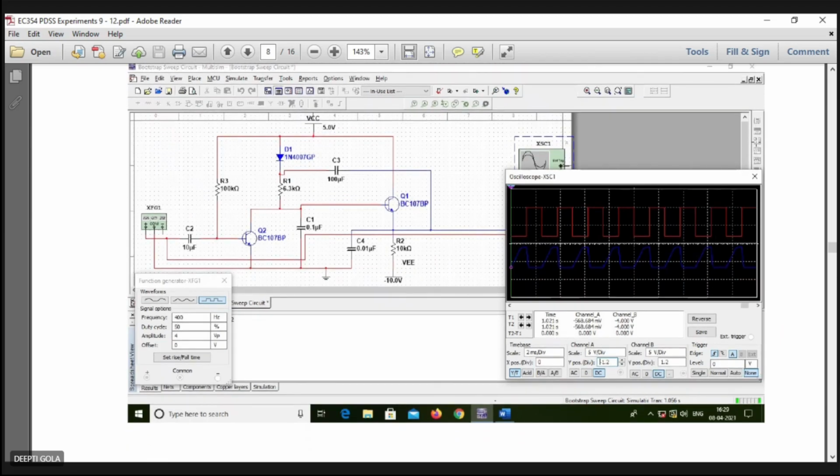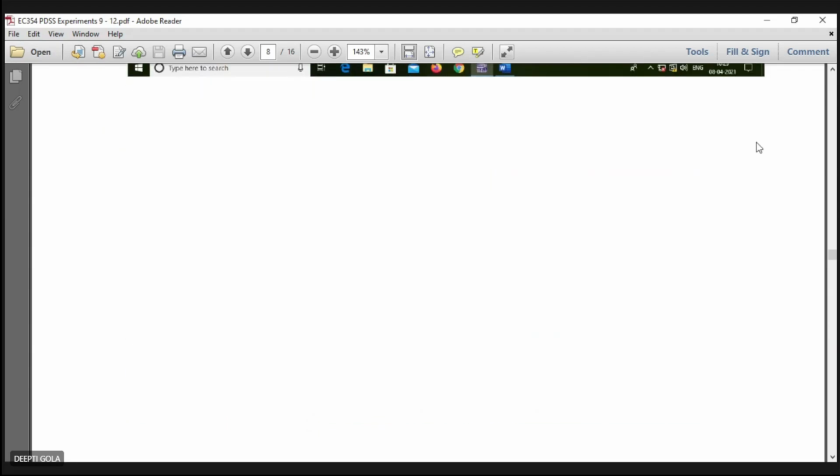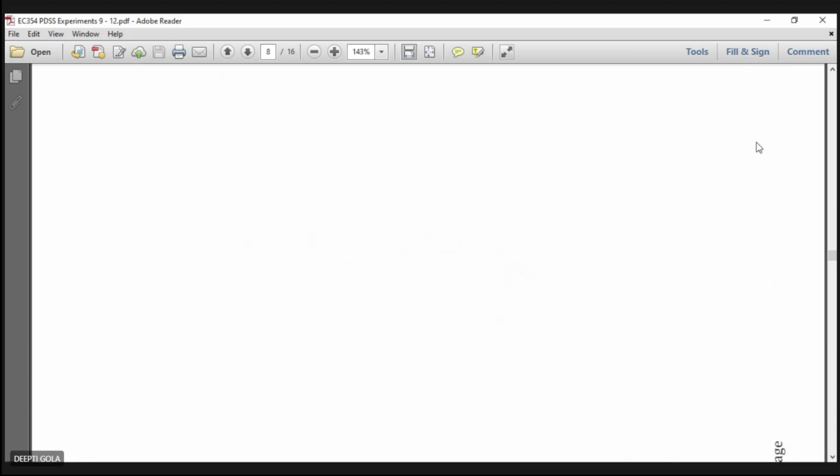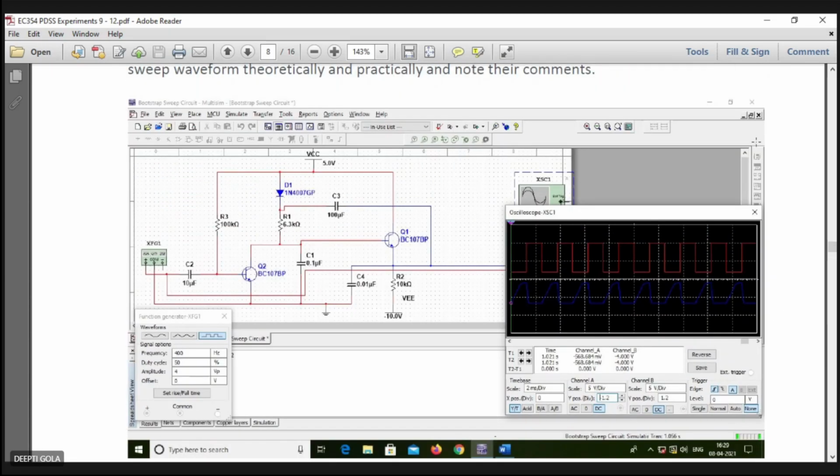This kind of waveform we will get. The red one is the input, the square pulse we have given at the base of Q1, and at the output we are getting a combination of linear variation plus the pulse. This kind of waveform you have to trace at the output of this circuit.